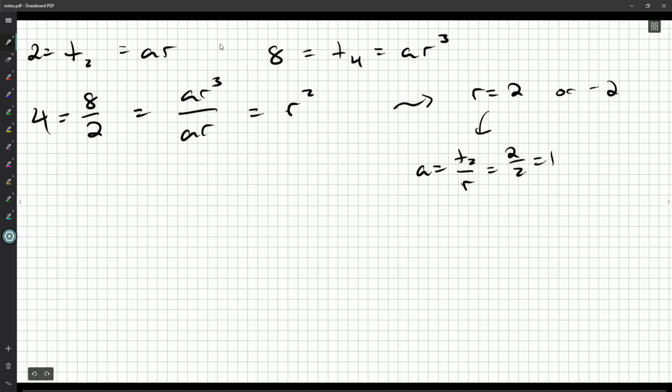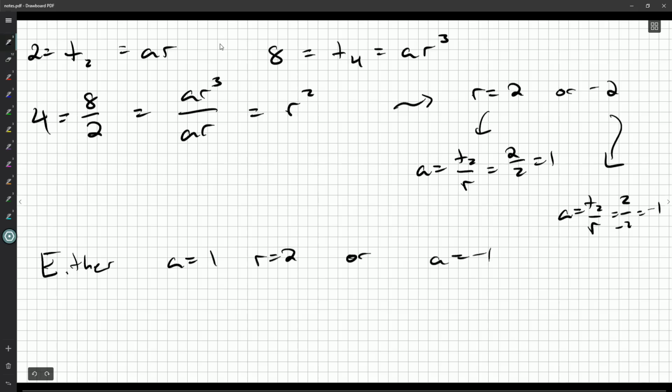But it might also be that R is negative 2, and so A is, again, T2 over R, 2 over negative 2, we're looking at negative 1. So either A is 1 and R is 2, or A is negative 1, R is negative 2. And you can check both of those will give 8 and 2 in the proper positions.